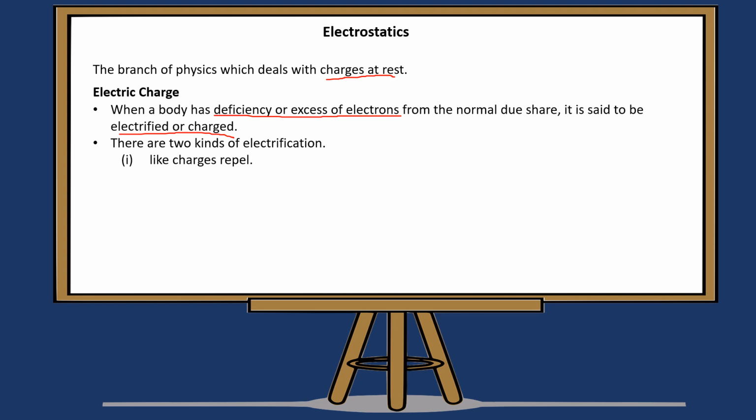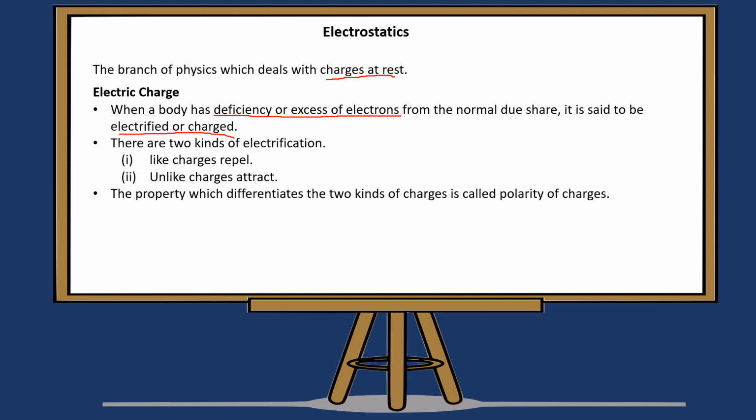As we know, like charges repel, unlike charges attract. The property which differentiates two kinds of charges is called polarity of charges. So polarity of charges is the property by which it differentiates the two kinds of charges.